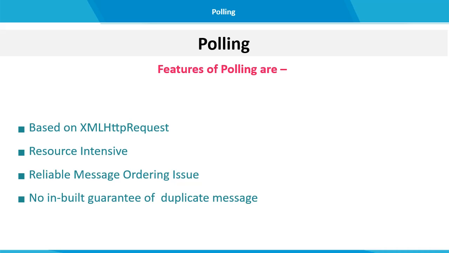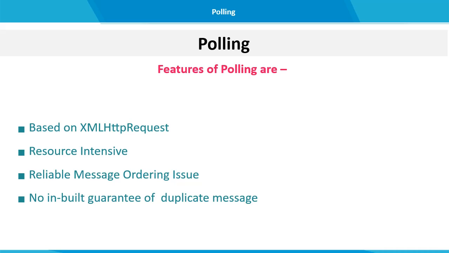There are some drawbacks of polling. Long polling is resource intensive on the server. Reliable message ordering can be an issue with long polling. There is no inbuilt guarantee that duplicate data would not be sent more than once.